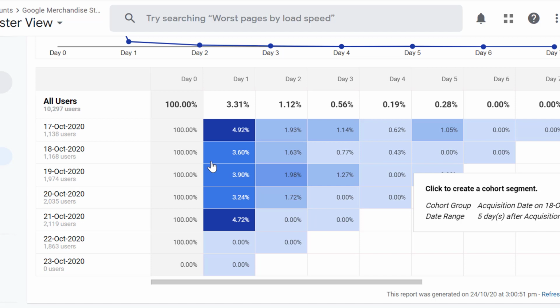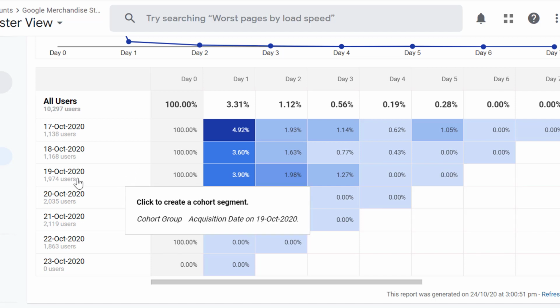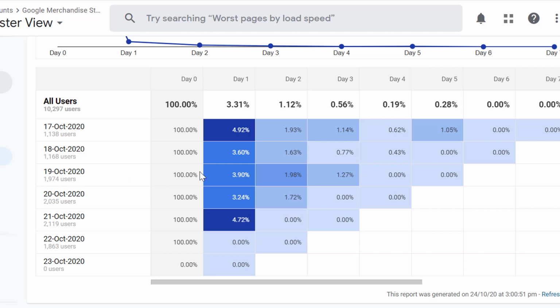And again, let's see the very next data. It is 19th of October. On 19th of October, my website acquired 1974 users, which is 100% of what I am considering. These are the total number of users.